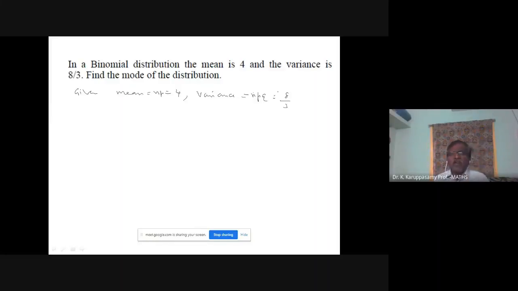Mean and variance are given. How to find the mode? For finding the mode, you need n and p, the n plus 1 p value.